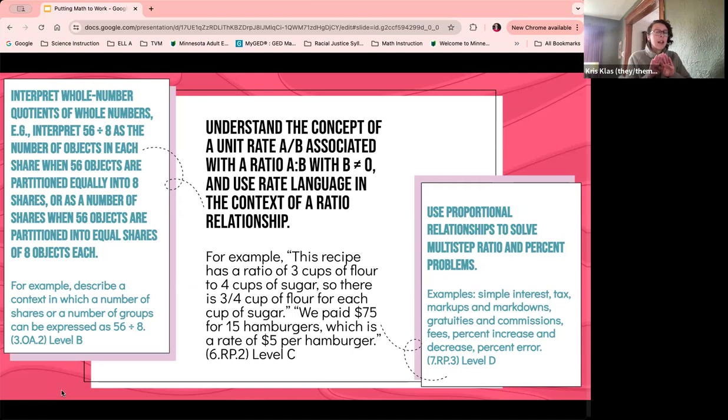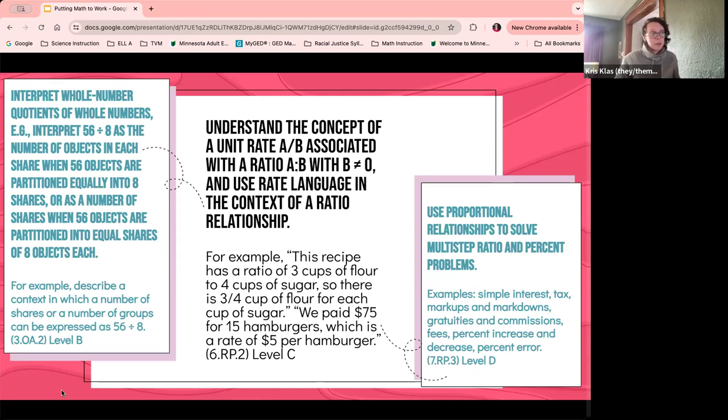So what I did then is I looked back at level B and up to level D to see what other standards I could use to build that coherence. D was a little easier because there's a 7.RP: using proportional relationships to solve multi-step ratio and percent problems.